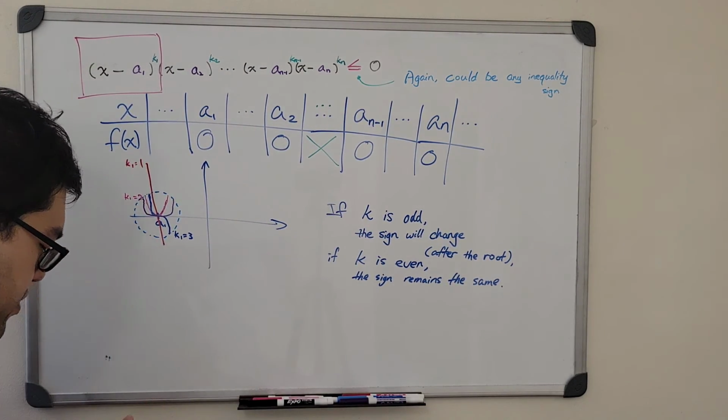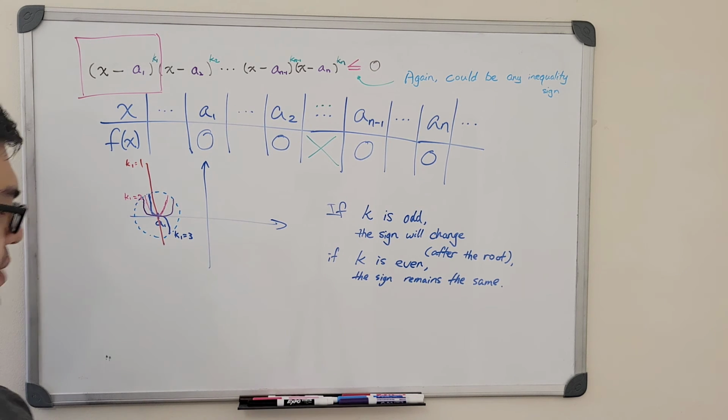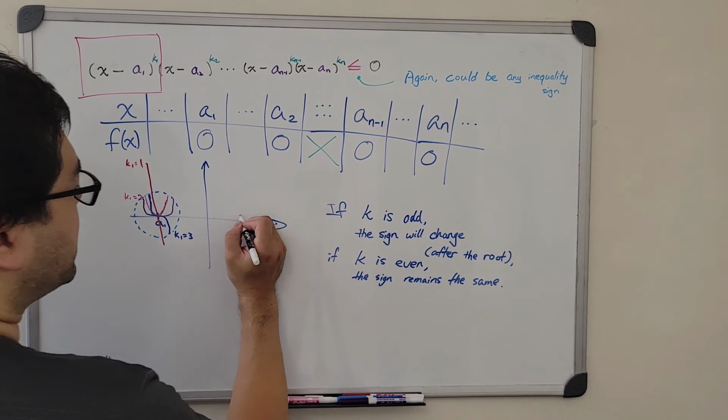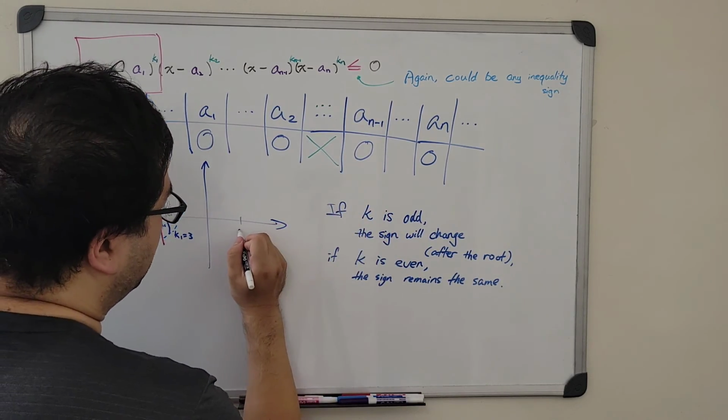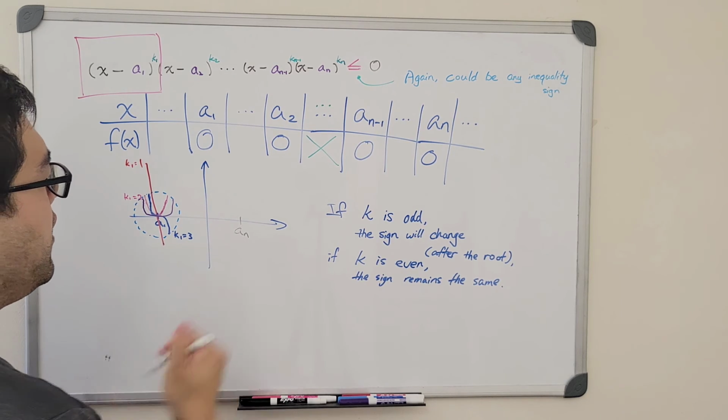So you may ask, what if we start from negative? Well, same idea, because we know what the power functions look like. Let's say now I'm going to randomly pick another point, the endpoint, an.